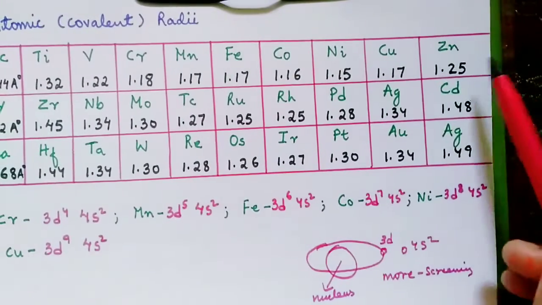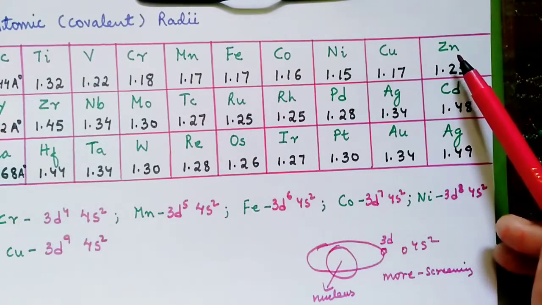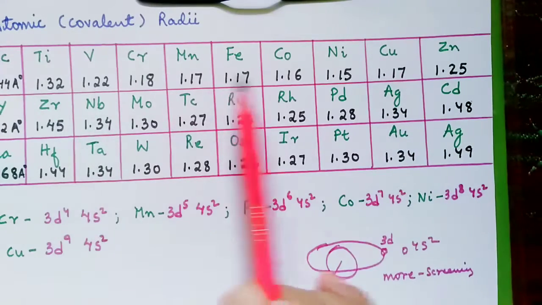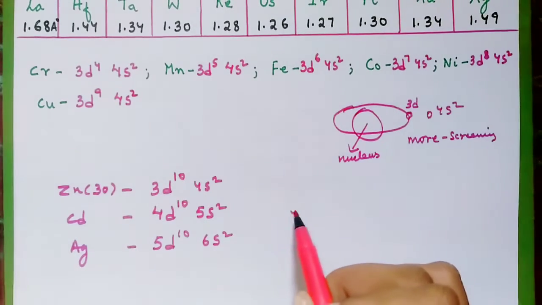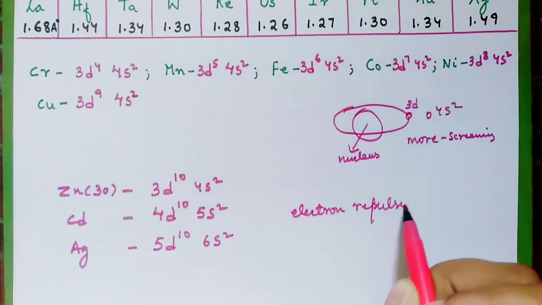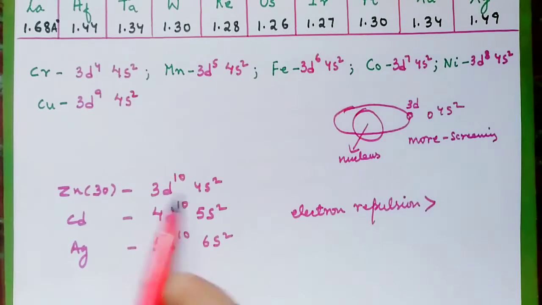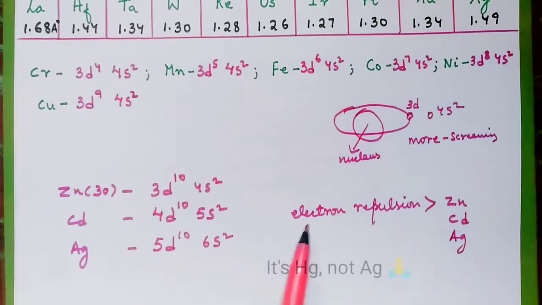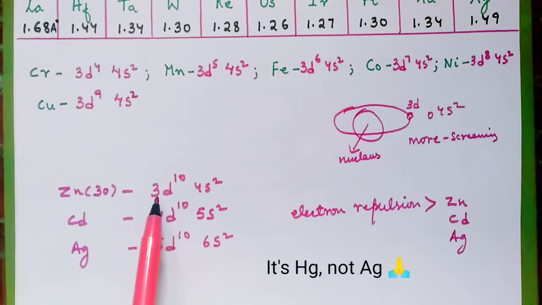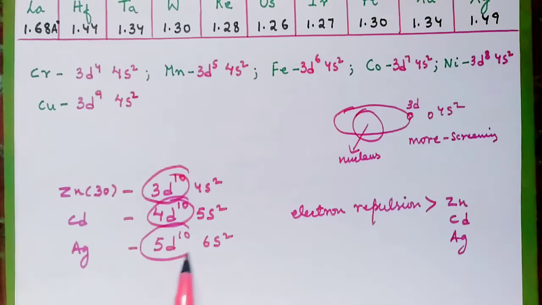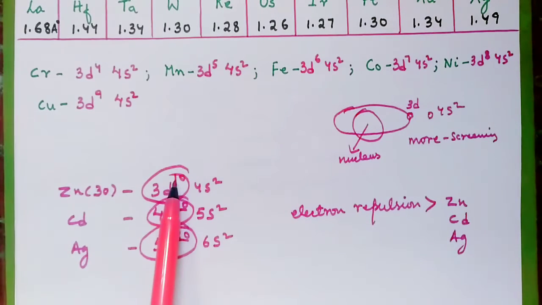For the 3d series, here we have 10 electrons in the 3d orbital, which are more than in these other elements. So in that case, electron repulsion is greater in zinc, cadmium and silver. That means there will be greater repulsion among the electrons in the d orbital because there are more electrons.